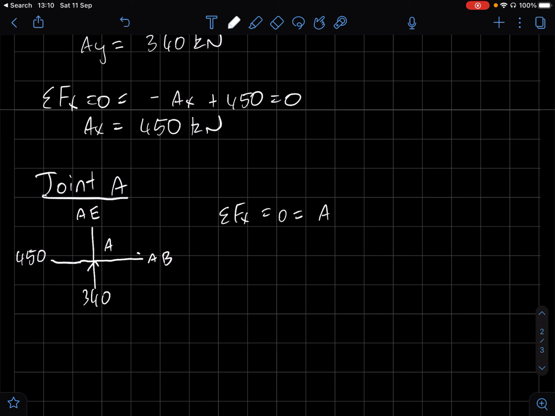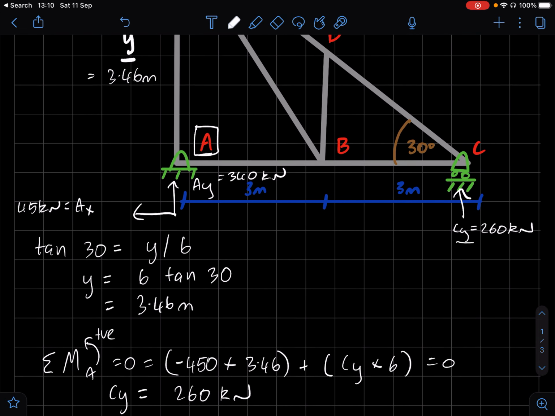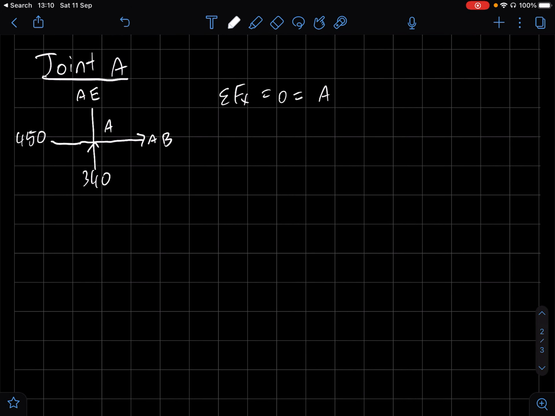Let's assume that that's positive, because I believe 450 was negative, wasn't it? 450 kilonewtons, yeah, that was negative. Okay, so AB equals 450 kilonewtons. And that's acting away from joint A, isn't it? So we know that's going to be in tension.